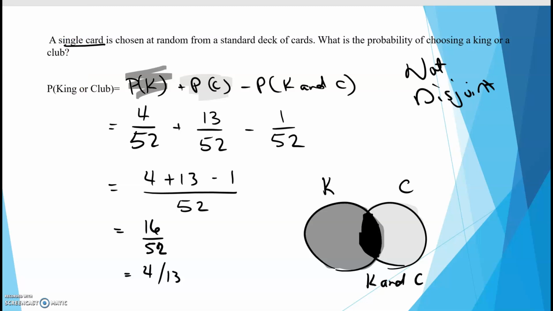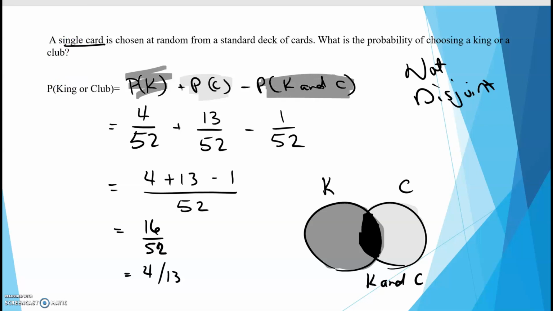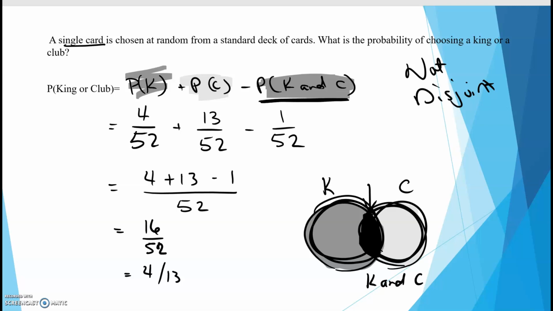So what we're doing right here is taking out the double count of this little section, because you counted it once for the king, once for the club. Don't want a double count, so we have to subtract it once. And that's why we're doing this.